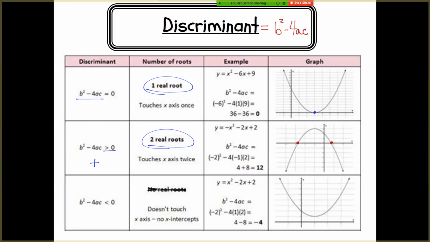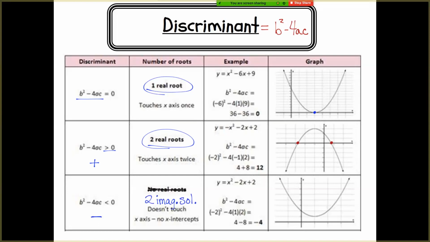The last scenario is when you have b squared minus 4ac and you get a negative number. So keep in mind, we just talked about negatives underneath our square root. If you get a negative number underneath your square root, there are two imaginary solutions or roots. So mark that no real roots out.